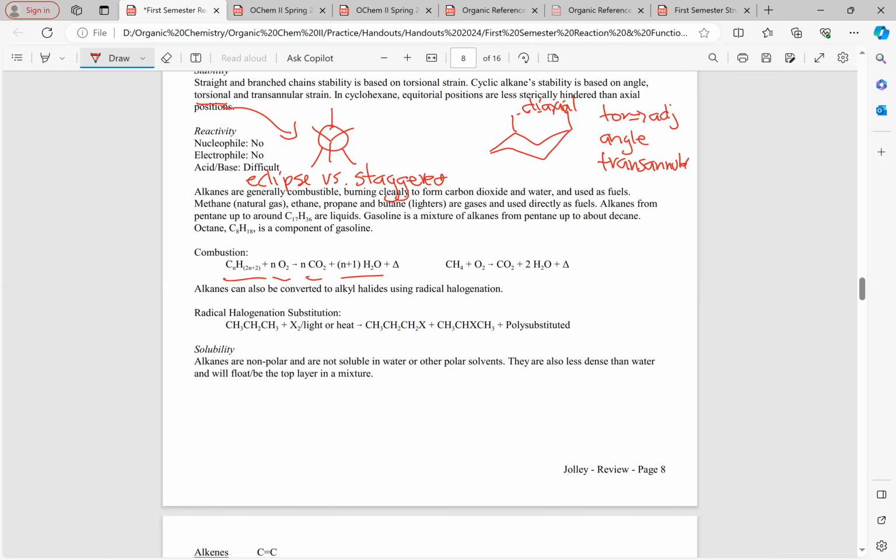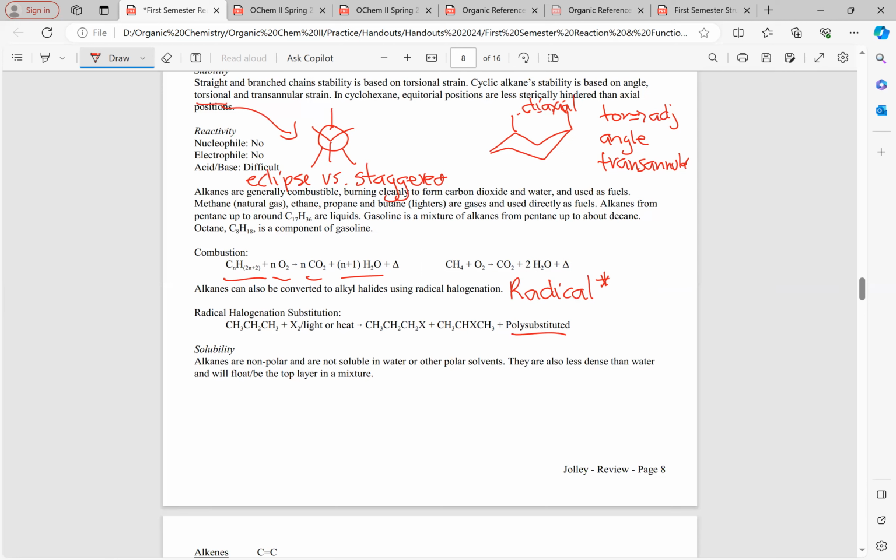That one still goes. Alkanes can also be converted to alkyl halides using radical halogenation. Okay, that's this semester. In fact, that's the first chapter that we're going to start after our review. All right, so it can be converted to an alkyl halide, and then it could also have a substitution with polys.